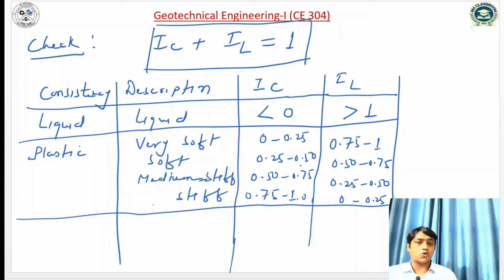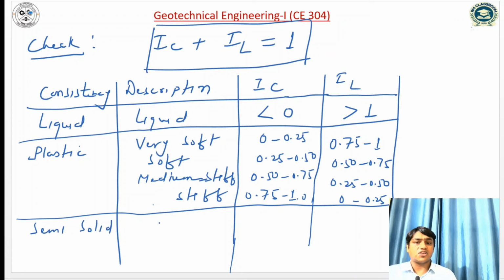Similarly, in case of soft soil, 0.25 to 0.5 and the liquidity index 0.5 to 0.75. In case of medium stiff, 0.5 to 0.75 and the liquidity index 0.25 to 0.5. And in case of stiff, the consistency index lies between 0.75 to 1 and the liquidity index 0 to 0.25.